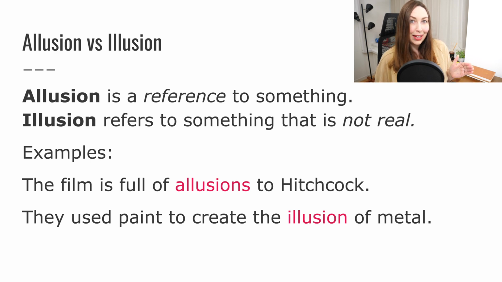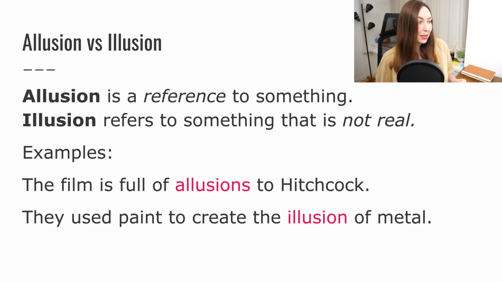So don't worry if you get these confused. Allusion, with an A, is a reference to something. Illusion, with an I, refers to something that is not real.